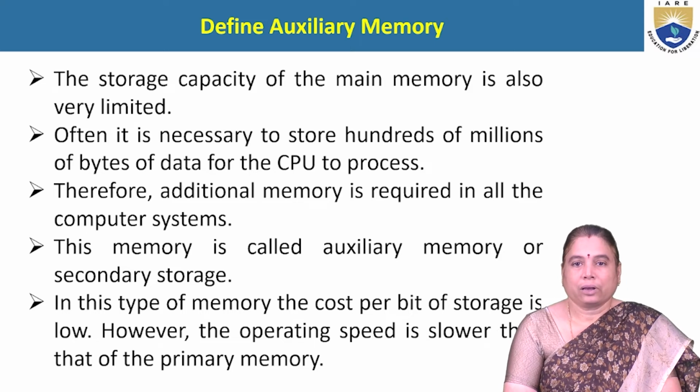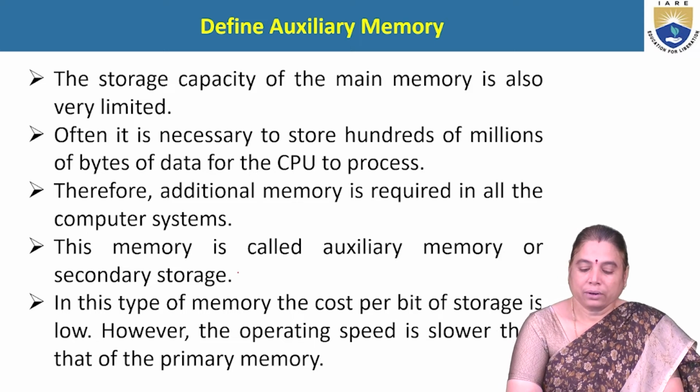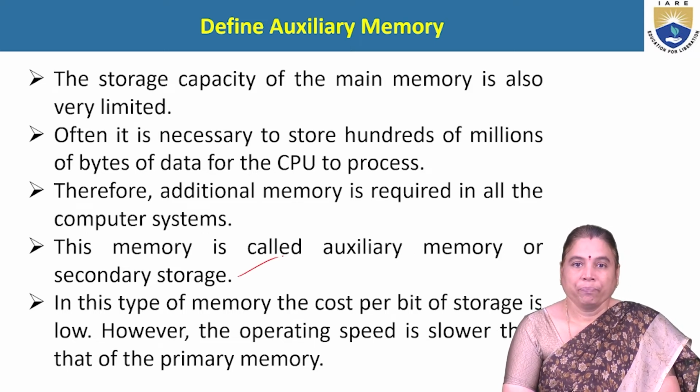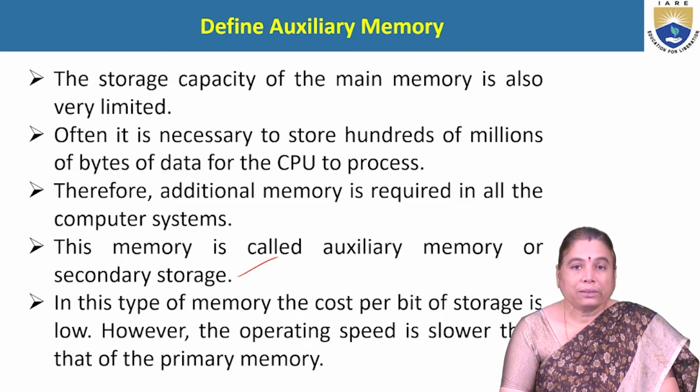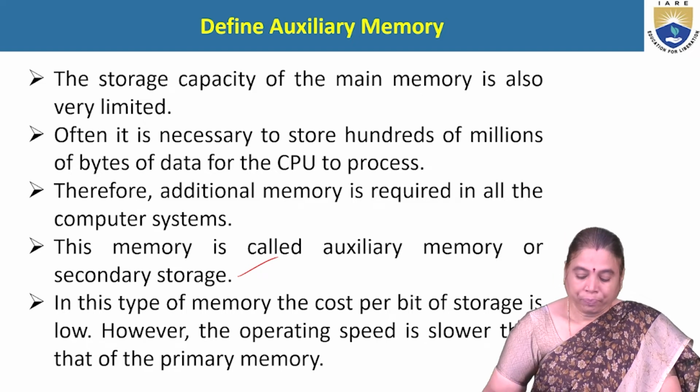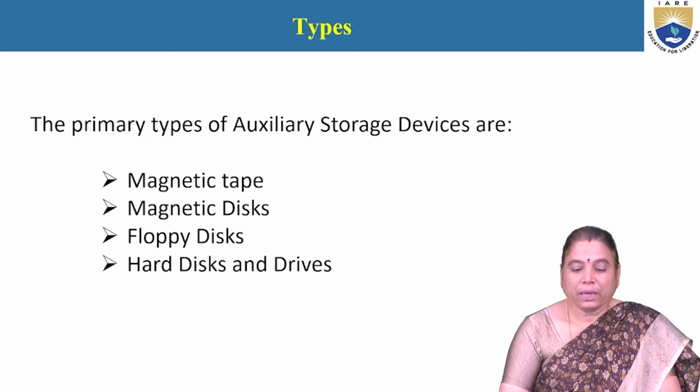This memory is called auxiliary memory or secondary storage memory. In this type of memory, the cost per bit of storage is low. However, the operating speed is slower than that of the primary memory. So, to extend the storage capacity of the computer system, the auxiliary memory or secondary storage can be used.